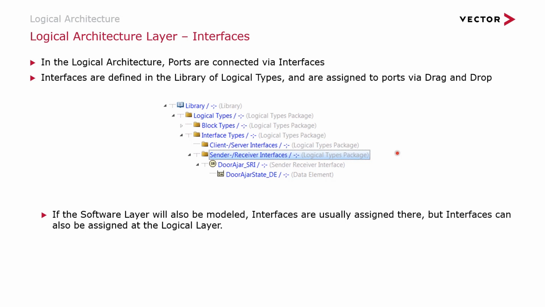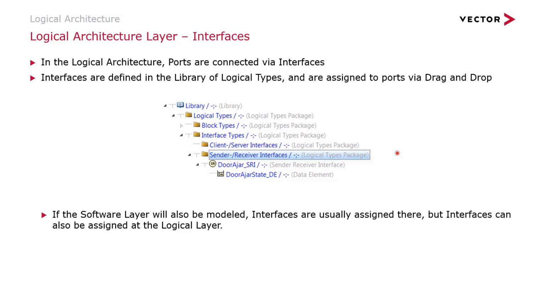Now, again, this is alluding to future videos, but if the software layer is also going to be modeled, in other words, if you're going to have logical and the software layer both modeled independently, then it's, I would say, typical that the interfaces would be assigned at the software layer and not necessarily at the logical layer.